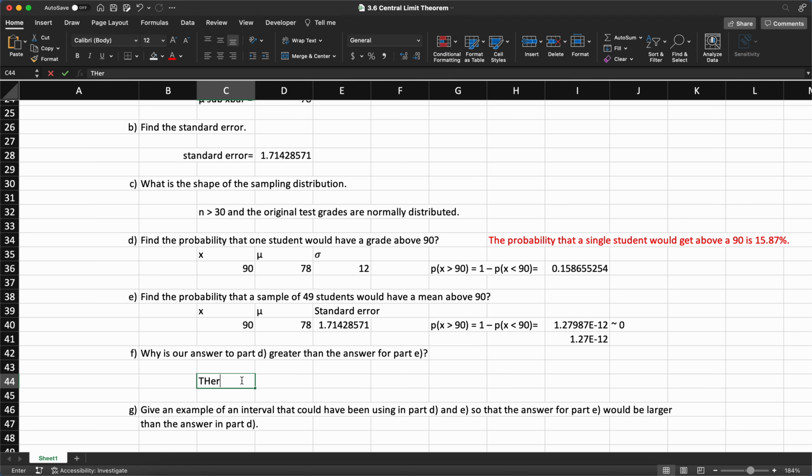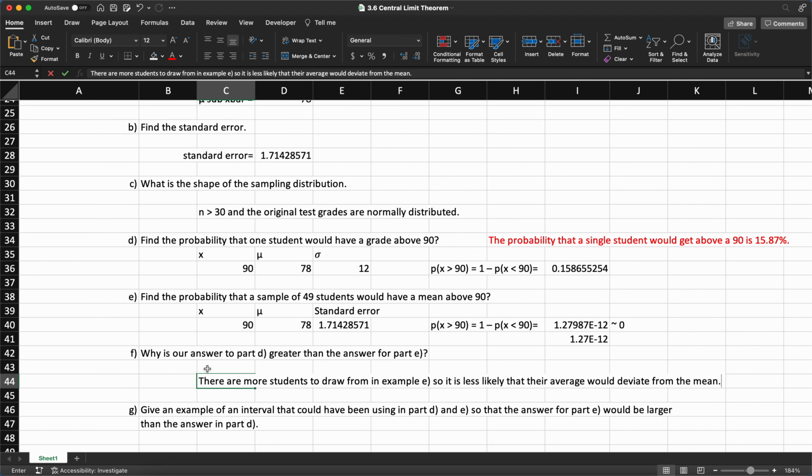So again, there are more students to draw from in example E. So it is less likely that their averages would deviate from the mean.